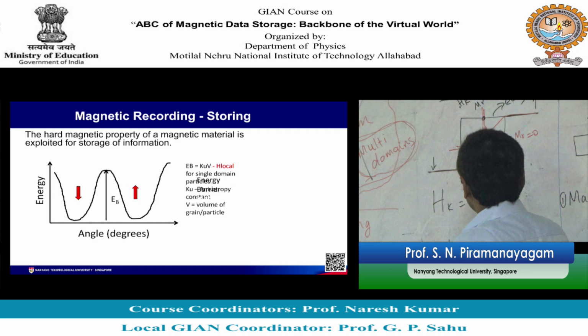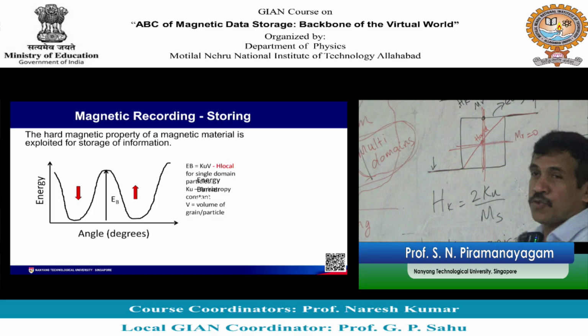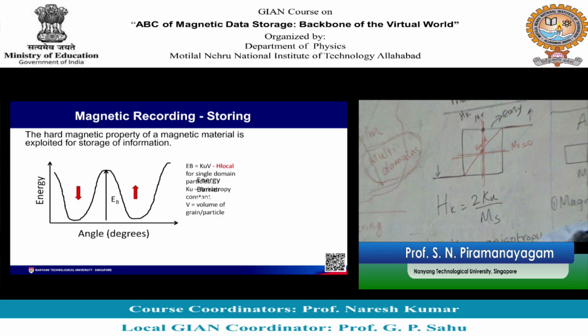where this Ku is called anisotropy constant, or anisotropy energy density. Okay.